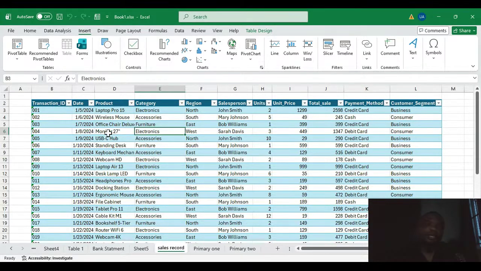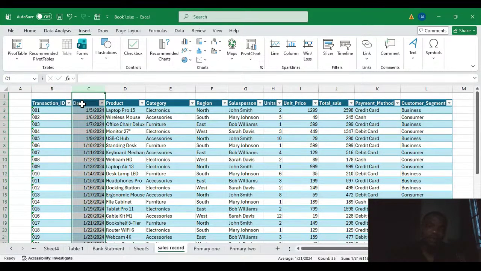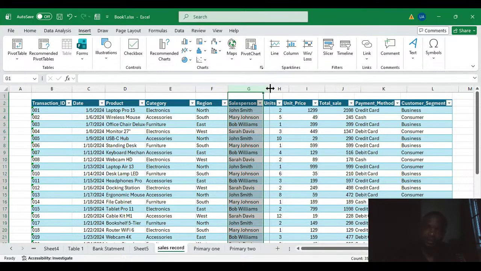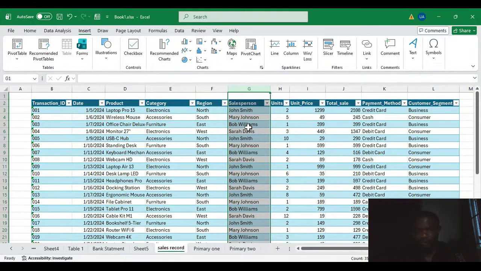Now, I want to quickly explain what we have here. On this particular column, we have transaction ID. If you move a little bit further, we have the date, product, category, region, and salesperson, which is the name of the salesperson.